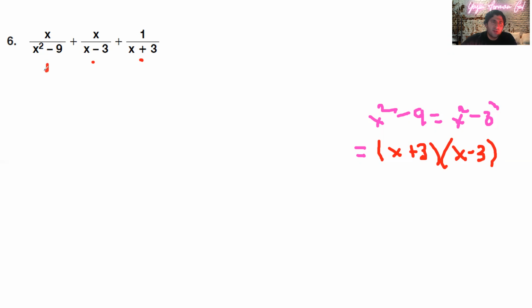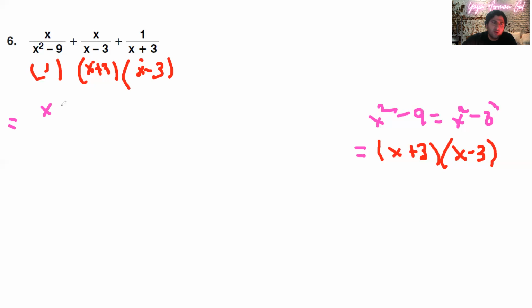Okay, then I'm going to say this will be multiplied by 1, this is going to be multiplied by x plus 3, and this is going to be multiplied by x minus 3. Once we do that, my denominators are the same, because x minus 3 times x plus 3 is basically this.